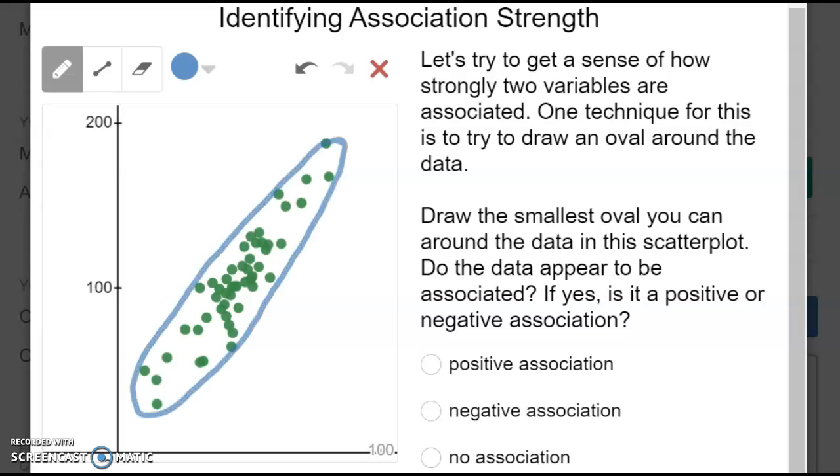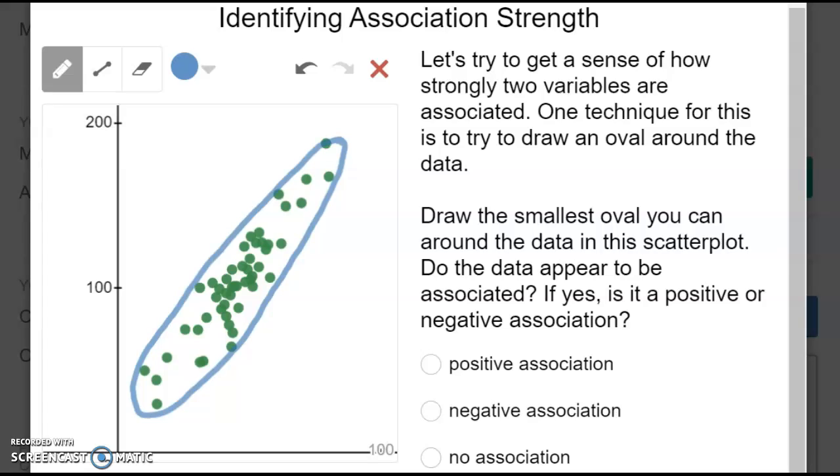Looking at this, does it look like there is association? Does it look like those points are randomly placed, or does it look like there is a definite trend? It looks like a definite trend to me. Now, is the trend increasing from left to right, or decreasing? It's increasing, right? As x is increasing, y is also increasing.